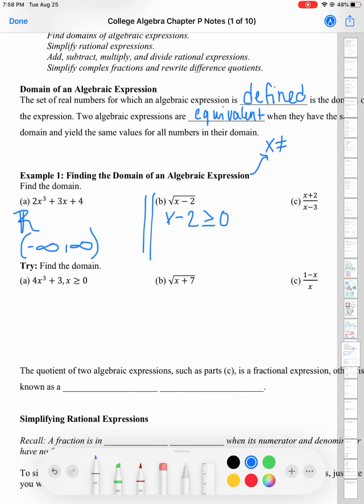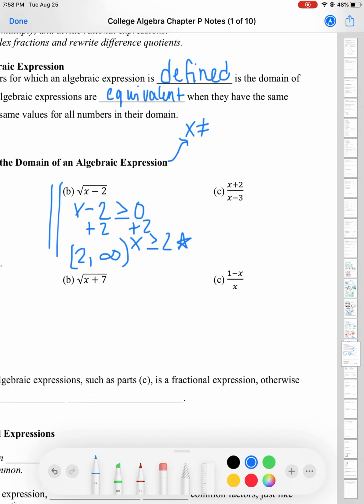It has to be non-negative. So we're going to add 2. So x has to be greater than or equal to 2. Now, we just talked about a couple sections ago putting this into interval form. So we're including 2, and we're going all the way up to infinity.